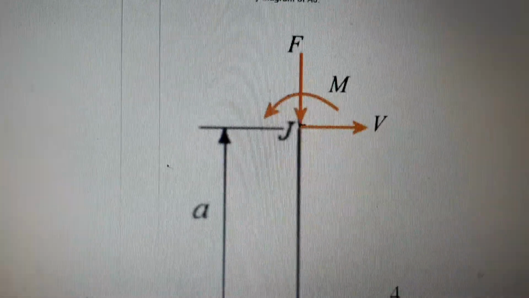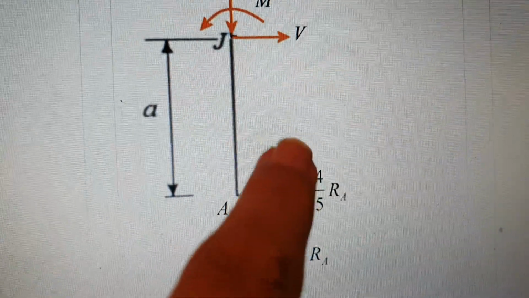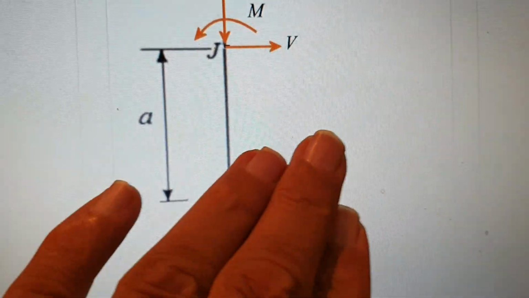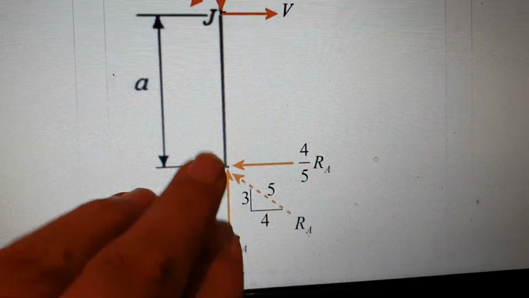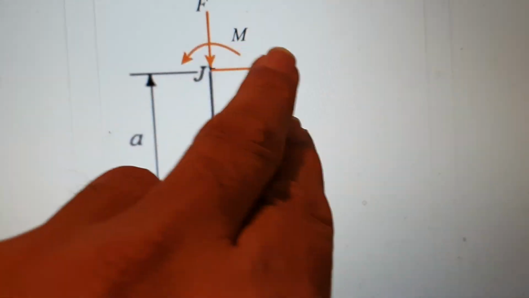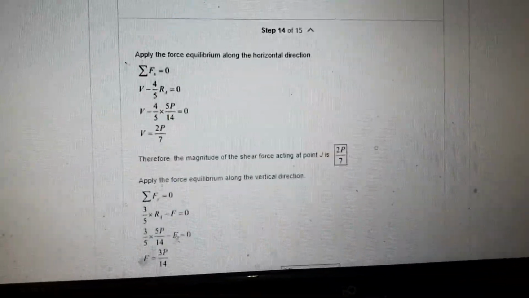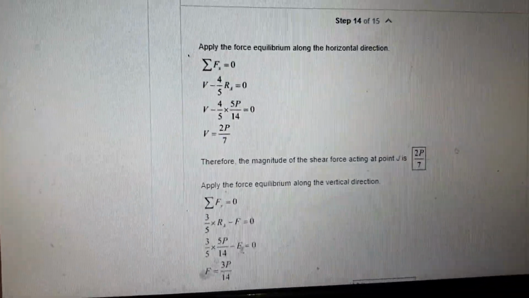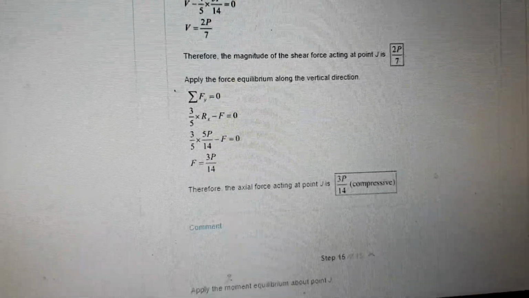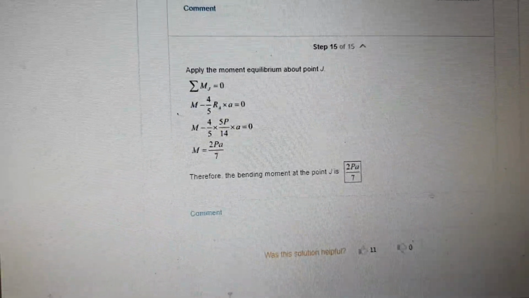And then you could go to the joint G, we know RA as a function of P. We could do the same thing: summation of forces at X, find the shear; summation of forces at Y, find the axial force; and summation of moment at G to find the moment. Thank you very much.